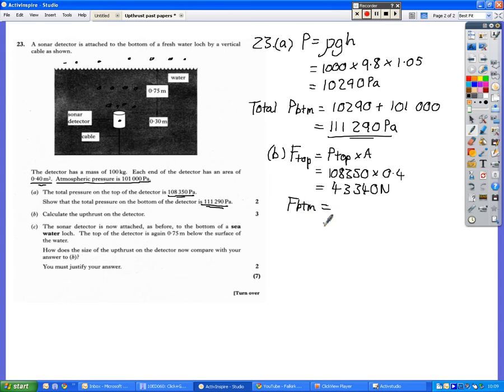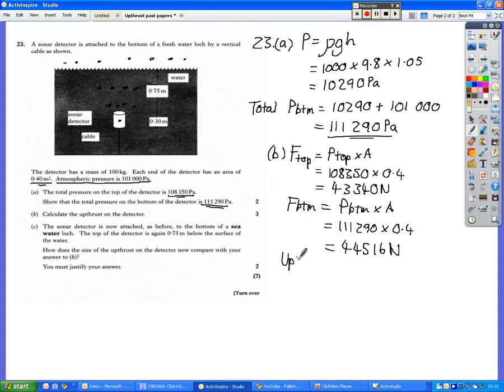Force on the bottom is going to be the pressure on the bottom surface multiplied by the area, which is the same as before. Pressure on the bottom we've just calculated as 111,290. Area the same as before gives 44,516. So there's a force difference there, just as there was a pressure difference. The deeper you go in a fluid, the more the pressure increases, so that affects the force. We've got a greater force on the bottom surface than on the top surface. That's what's going to cause the upthrust.